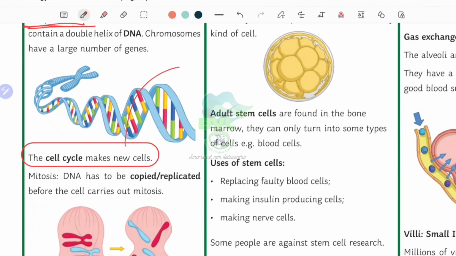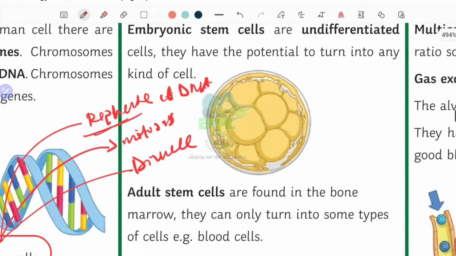So your cell needs to, of course, replicate its DNA, or its genetic material, afterwards, then divide. Okay, well, before dividing, there's a stage called mitosis. Mitosis, then divide. What do I mean?